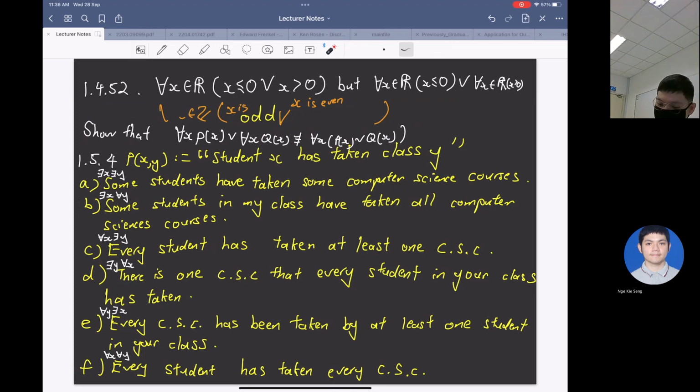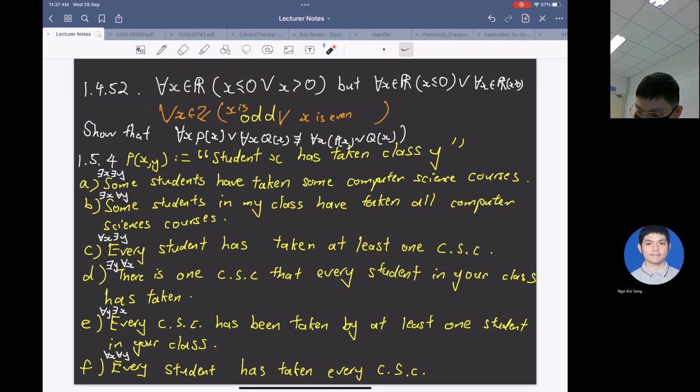Anyone else got an answer or not? Okay, I got one answer: for every x in R, your P(x) is x is less than or equal to 0, non-positive, or x is positive.